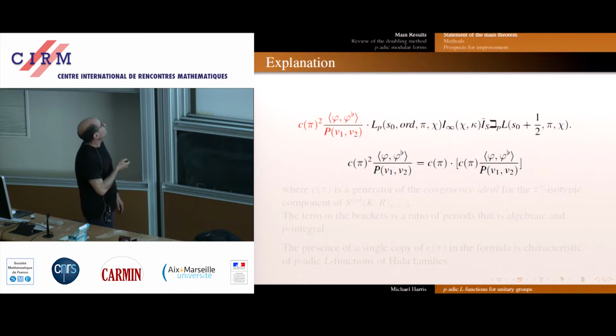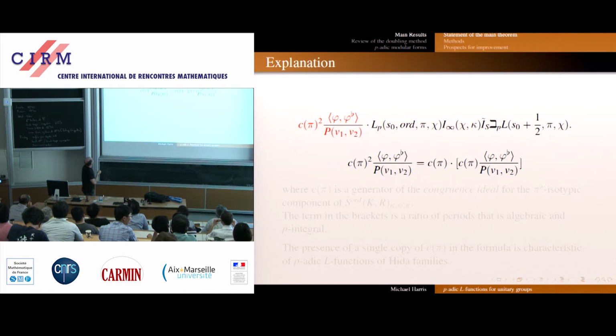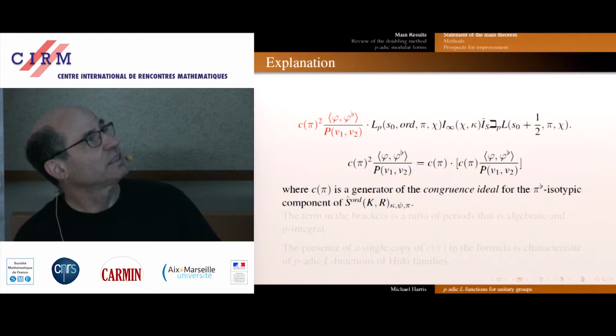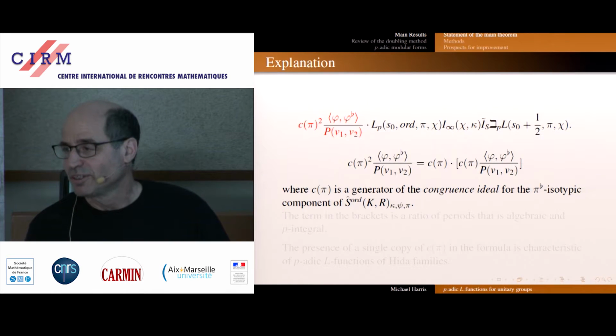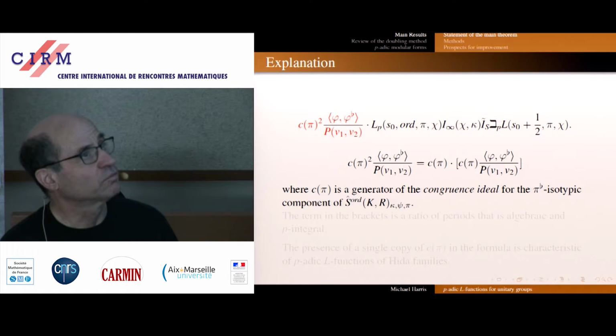All right. Finally, this is the part to which I'm particularly attached. It's better to write it in this way. First a C of pi and then this other factor. This is a generator of the congruence ideal for the pi-flat isotypic component of the ordinary modular forms.